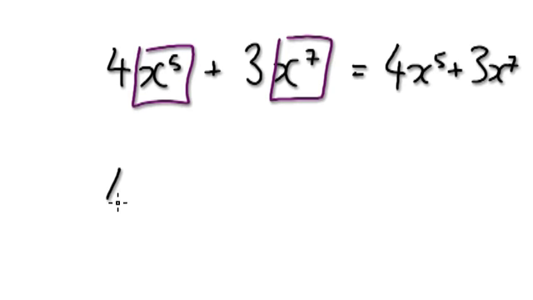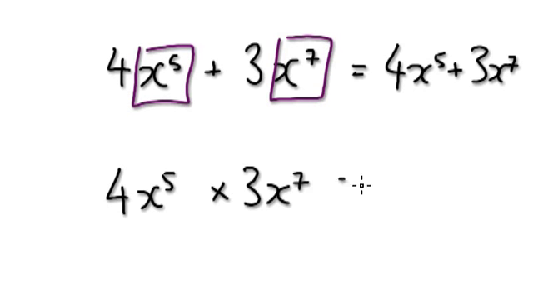But if I change the question and say what's 4x to the power of 5 times 3x to the power of 7, well, here you don't really care when it's a times. So everything gets merged together.